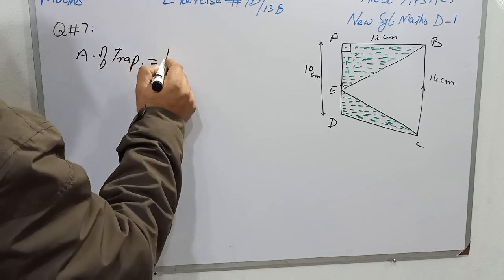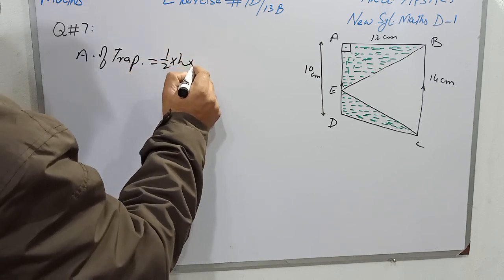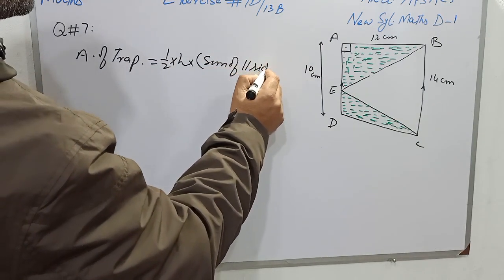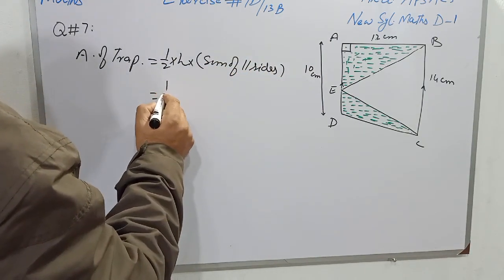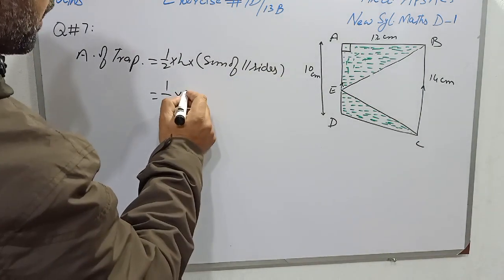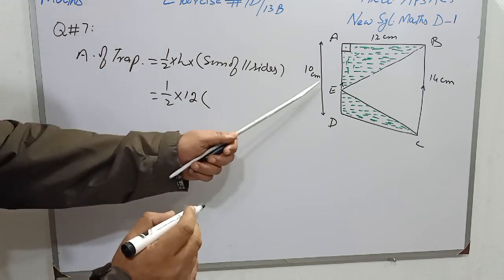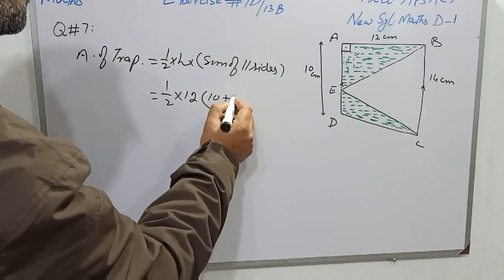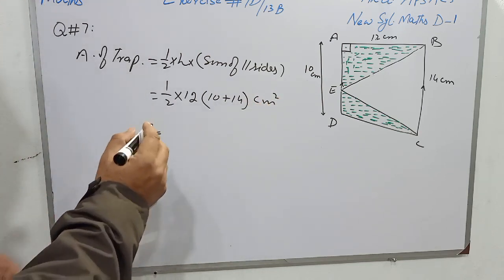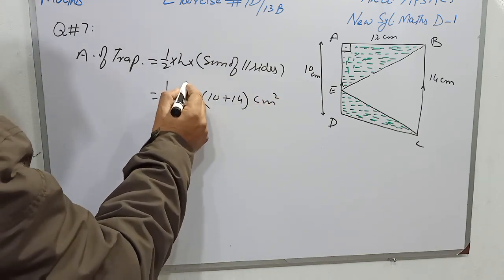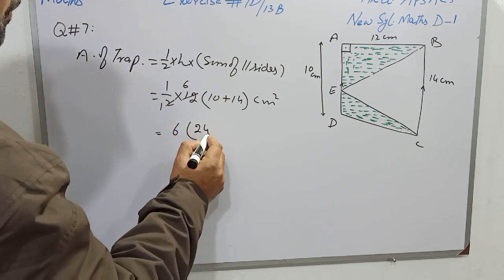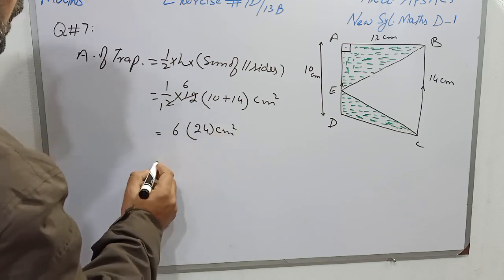Area of trapezium is equal to half of height multiplied by sum of parallel sides. So students, I will write 1 over 2 multiplied by height 12 and sum of parallel sides, that means 10 plus 14, and the unit of area is square, so I will write centimeter square. 2 1s are 2, 2 6s are 12 and 6 into 24 centimeter square.